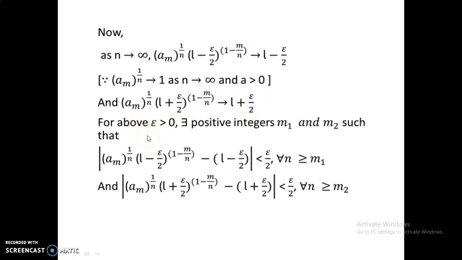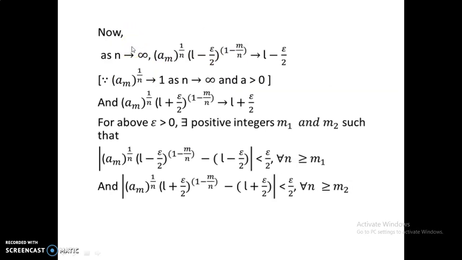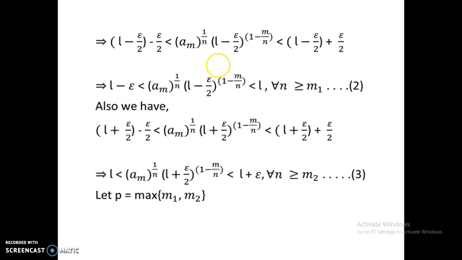For any epsilon greater than 0, there exist positive integers m1 and m2 such that we have these two inequalities. So by taking the maximum among these two, we can simplify by substituting these results, and here we have this relation.